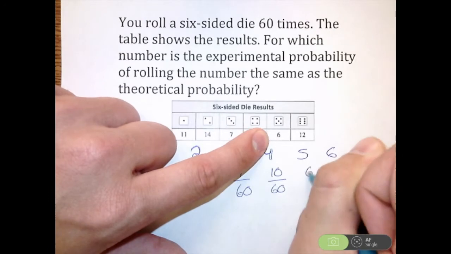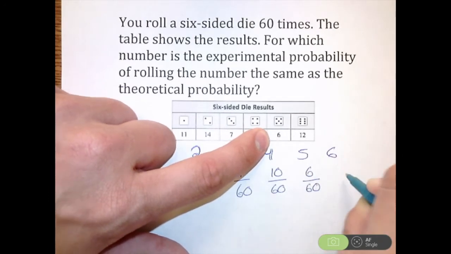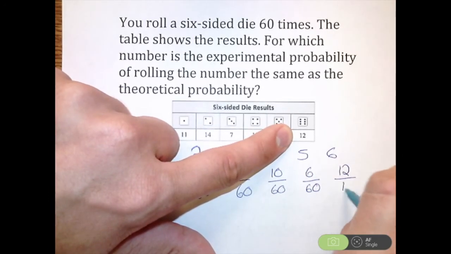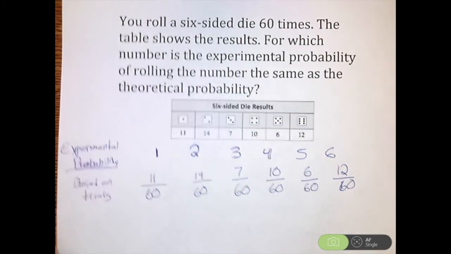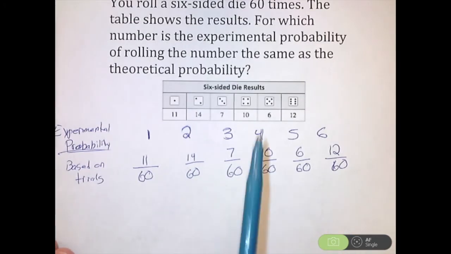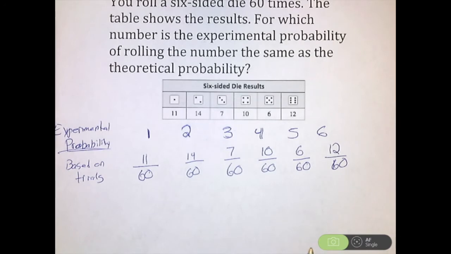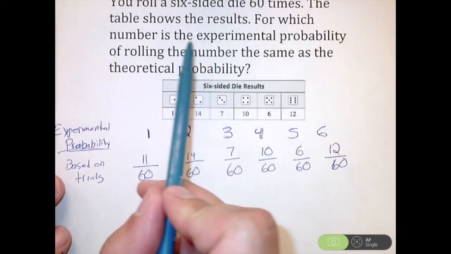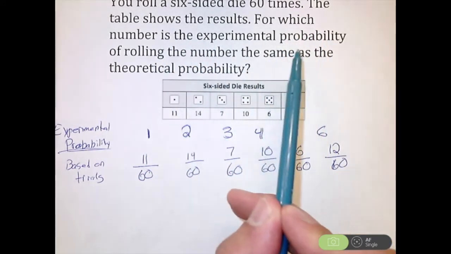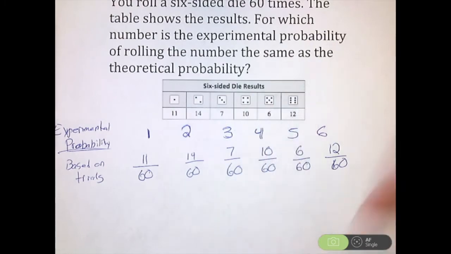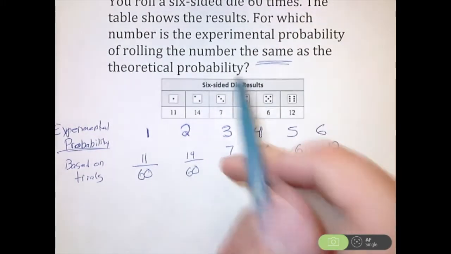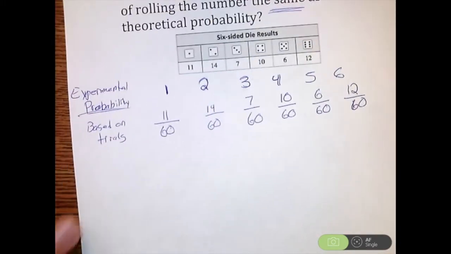A 5 happened 6 out of 60. And a 6 happened 12 out of 60. So these are all experimental probabilities because they're based on the trials, what actually happened. They want to know for which of the numbers the experimental probability for rolling the number is the same, that means equal to, the theoretical probability.